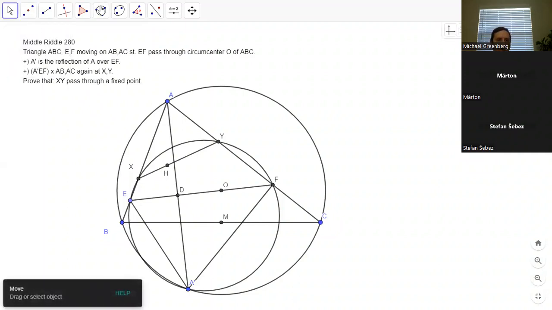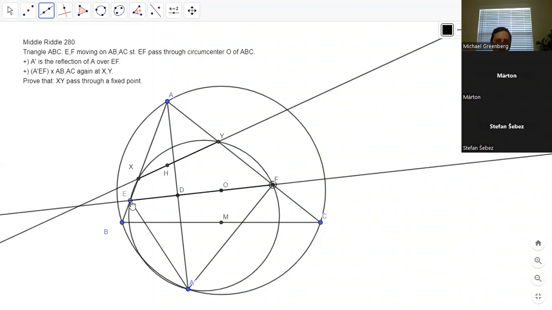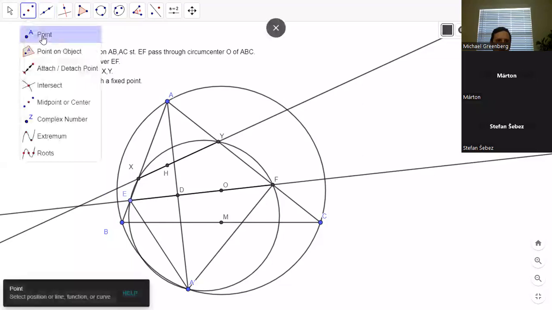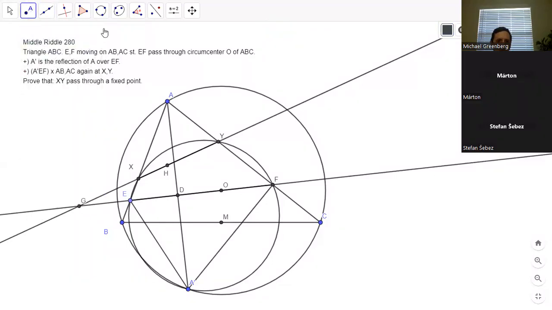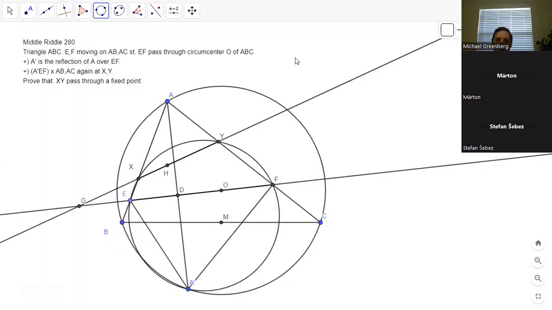So yeah, to find the center of the spiral similarity, so I should know this, but how would I, sorry, how would I do that? Find the center of the spiral similarity.